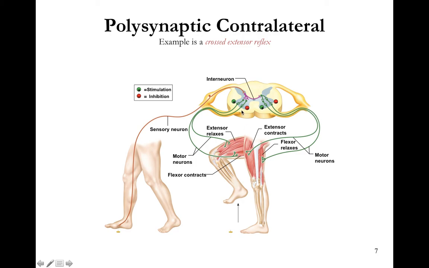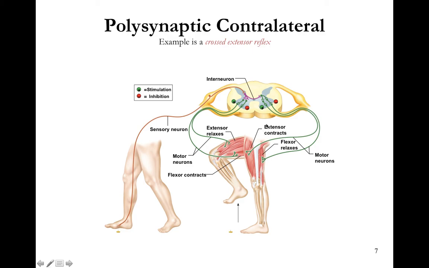But we have to have synapses with muscles on both sides because we're going to have a certain set of muscle, like our extensors, we'll have to relax on this leg that's being pulled up, and our flexors are working, right? So our knee flexors are activated, but these extensors have to relax. Whereas on this leg, which has to withstand the weight of our body when we pick up this foot, the opposite happens.